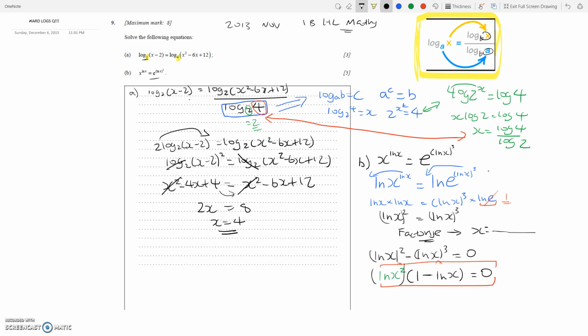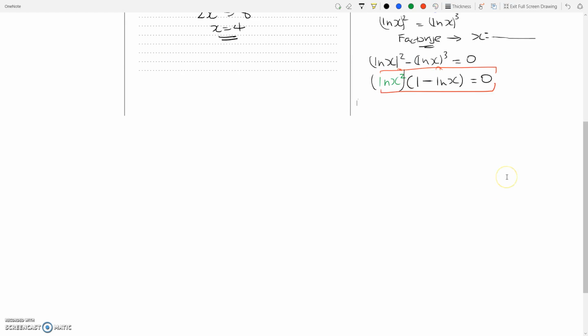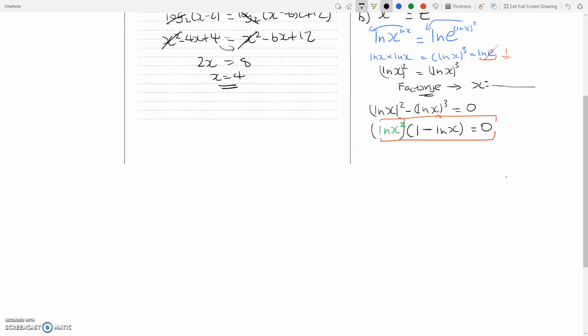If we get to this step, we can find out the values of x. So to find the values of x, let's say ln x squared equals 0. Ln x equals 0, x equals e to the 0, because remember the inverse of ln is e, and x equals 1.